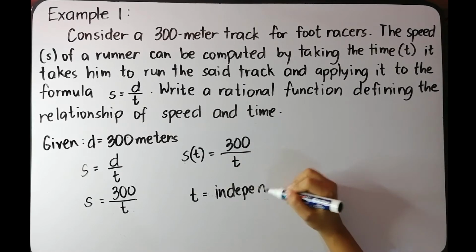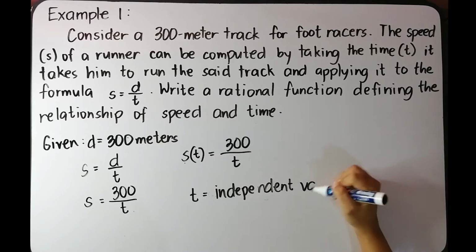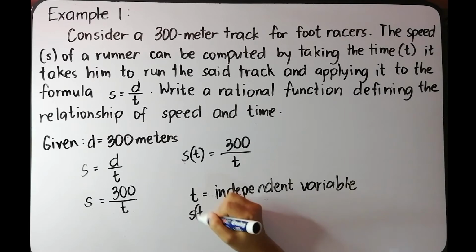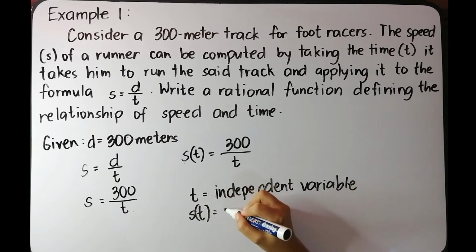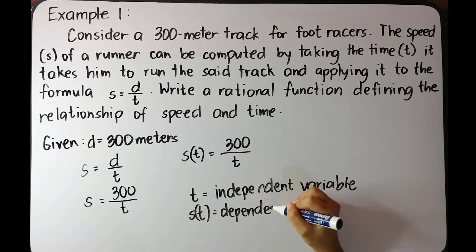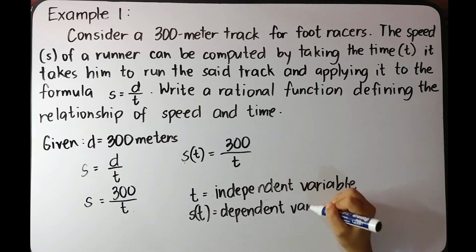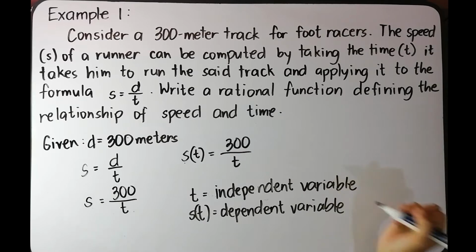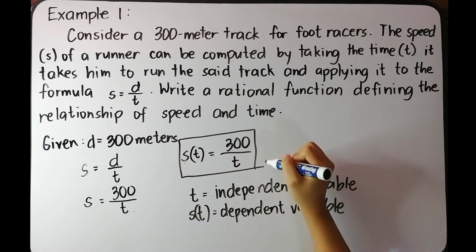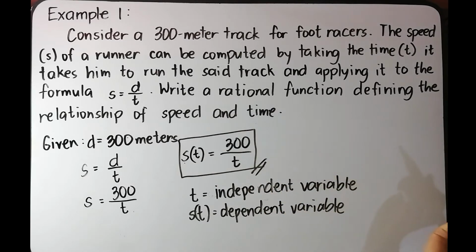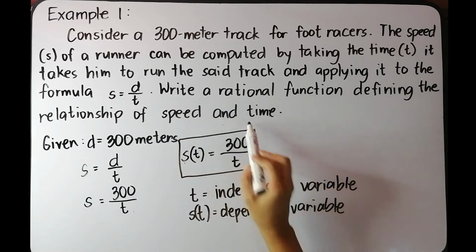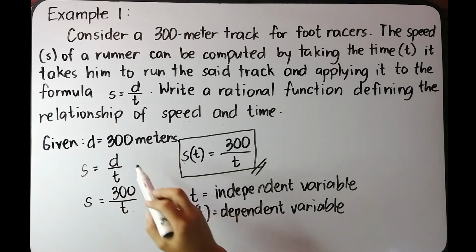And our S of T, the speed, is our dependent variable, so it depends on your time. So this is now our rational function for the relationship of speed and time, given the 300-meter track.